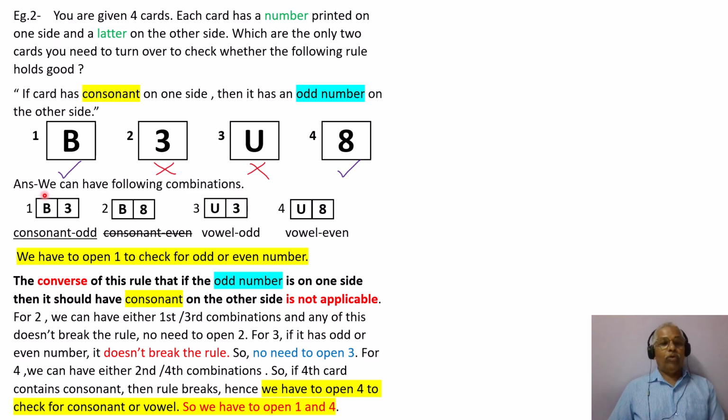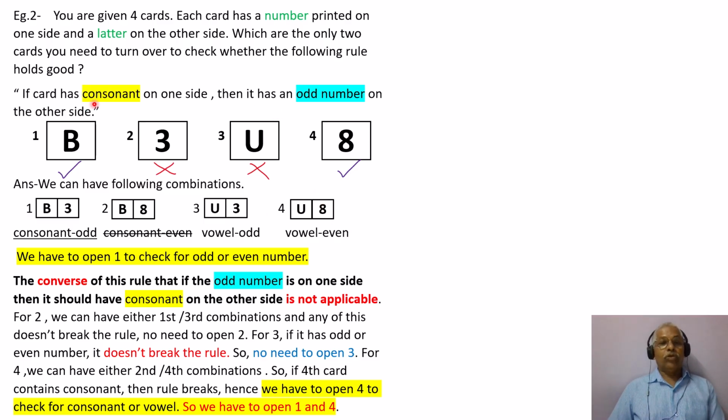Answer: we can have following combinations: consonant and odd on the other side, consonant and even on the other side, vowel and odd, and vowel and even.